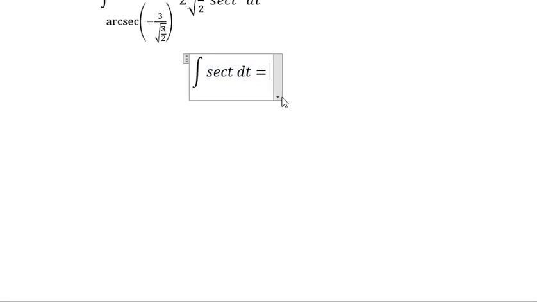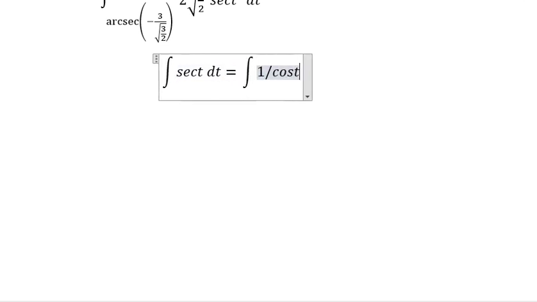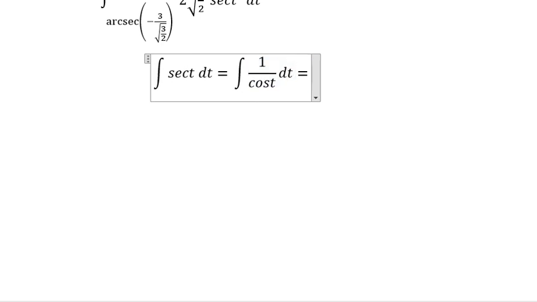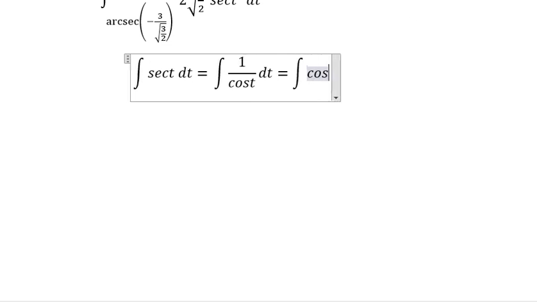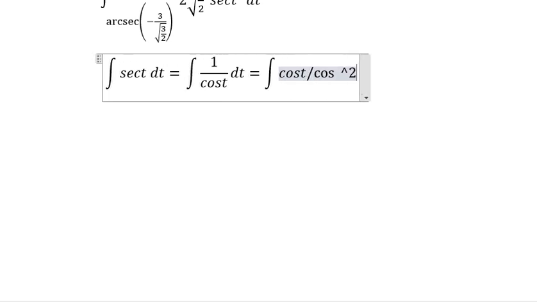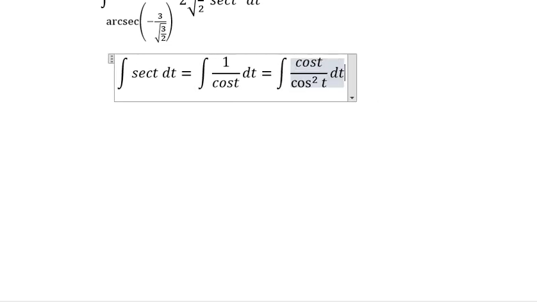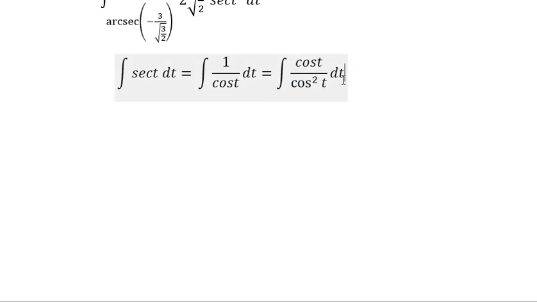So we change to the integral of 1 over cosine t dt. We multiply with cosine t on numerator and denominator. So for this one, we can change to 1 minus sine t squared.